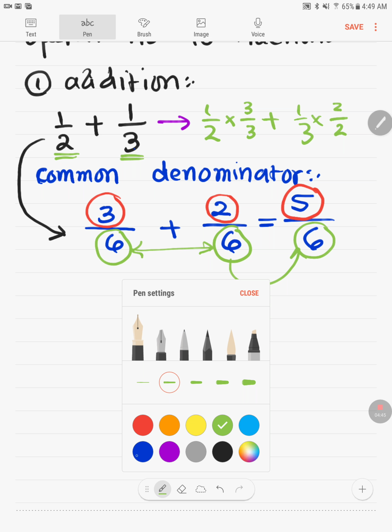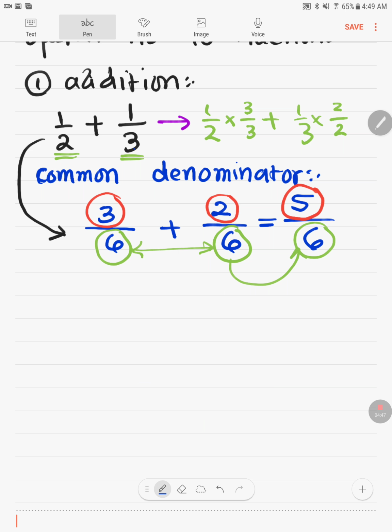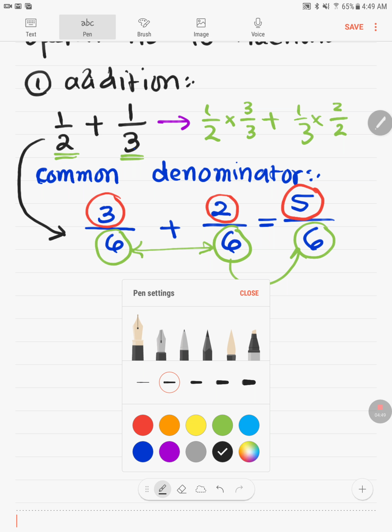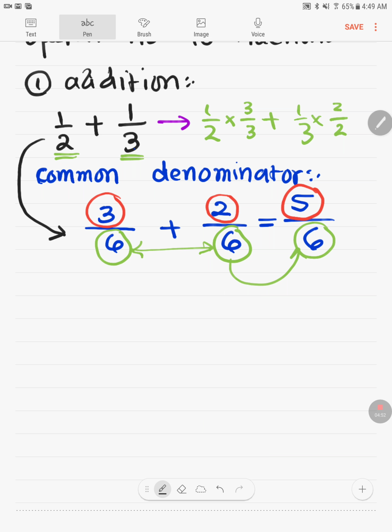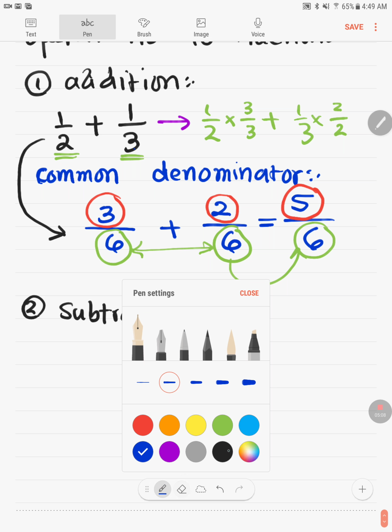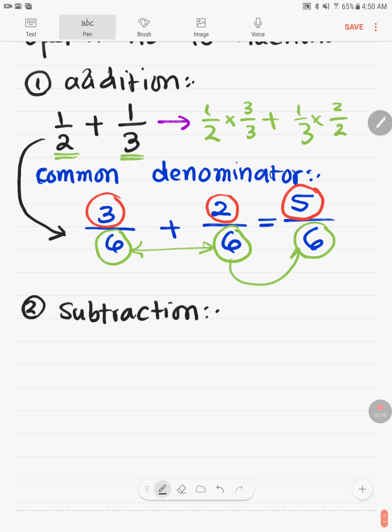Now let's apply the same logic. Let's say we take the next operation, which is subtraction. Subtraction, we could think about as an addition, but we turn one of the fractions into a negative number.